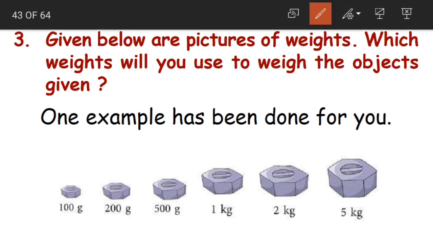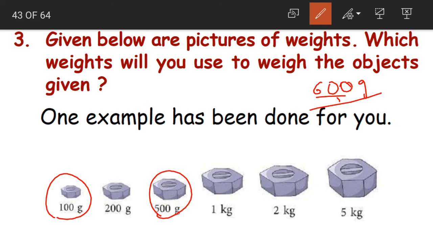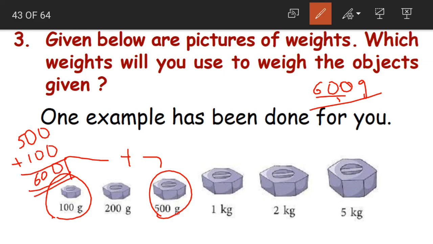Now coming to question 2, 600 grams of tomatoes. What do we have to measure? We have to measure 600 grams of tomatoes. Now again, we do not have any weight that says 600 grams. Yes, but we have 500 grams and 100 gram. When we add these two together, 500 plus 100, the total weight becomes 600 grams.